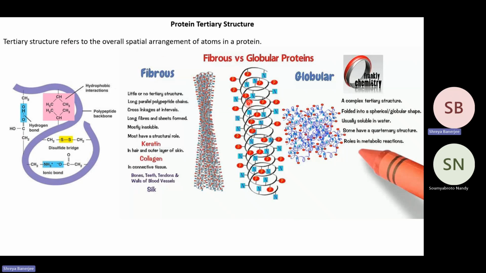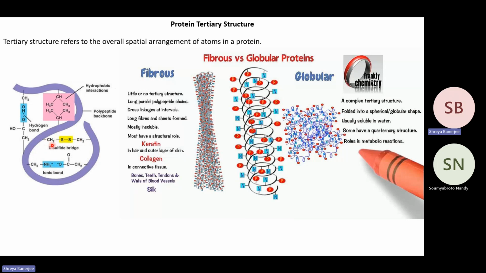So now we'll come to the tertiary structure of the protein. Secondary structure we have covered. Tertiary structure is when, imagine this is the polypeptide backbone, and there are certain non-covalent interactions occurring in the polypeptide backbone. You can have hydrogen bonds, hydrophobic interactions between alkyl groups, disulfide bridges.